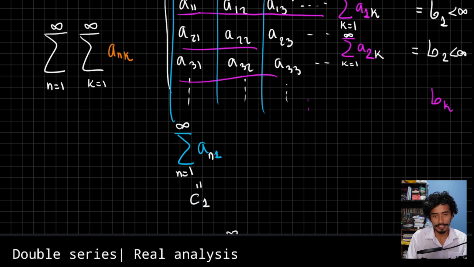Then the following column, if we sum all of those terms, we'll have another number, and so on.